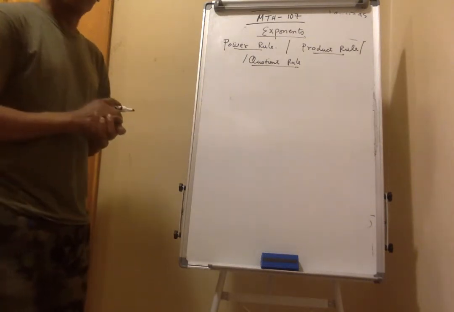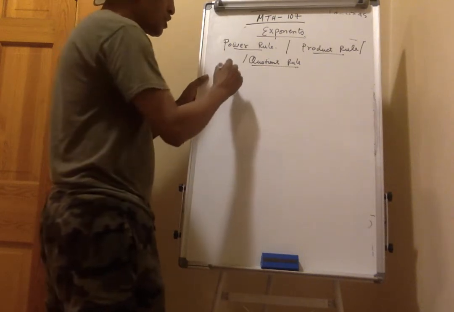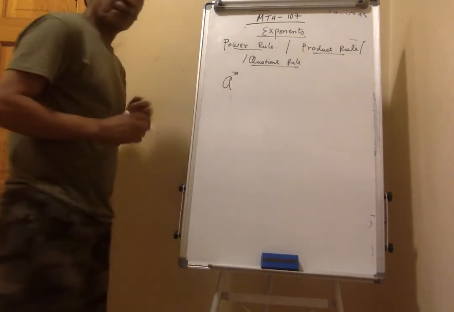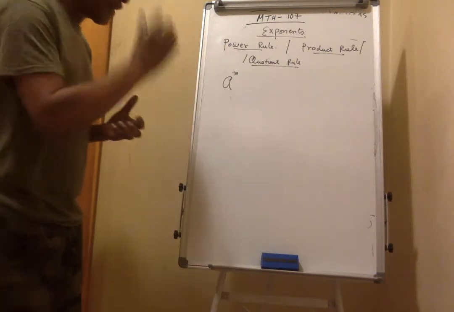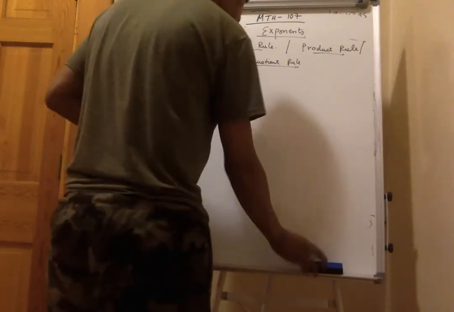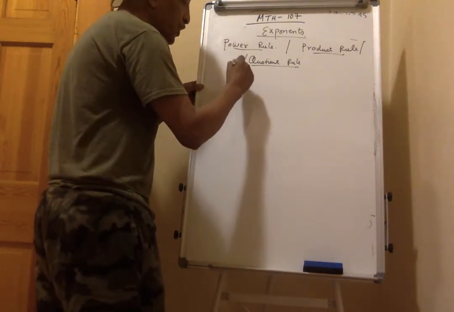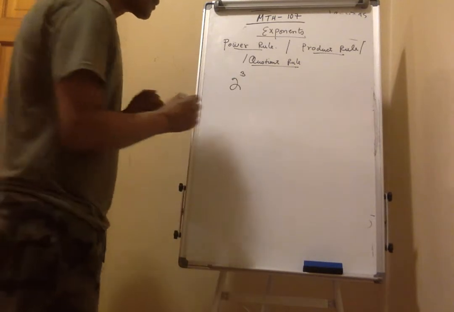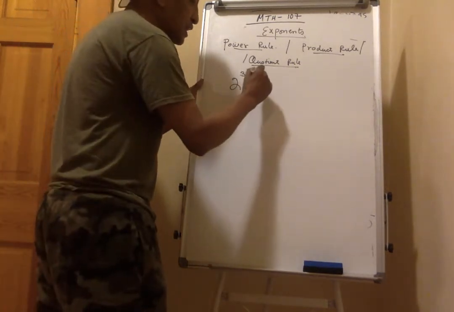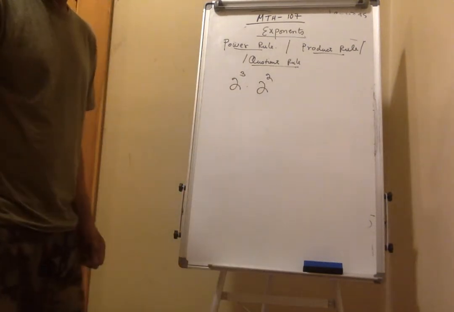The power rule tells me if I raise a to the power of n, and in fact, let me use a number without even a variable. Let's say I raise 2 to the third power, and I raise again 2 to the second power and I multiply these two.